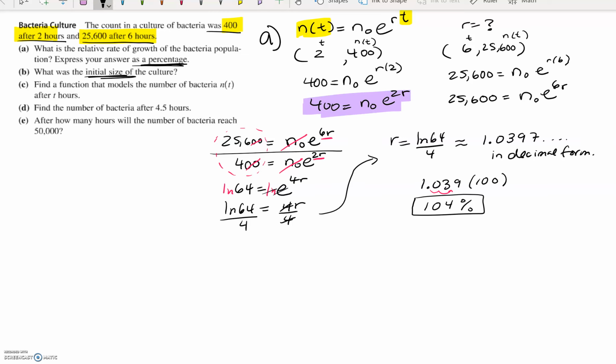So for part B, I have 400 equals N naught e to the 2R, but we found our R value to be 1.0397, let's say. So I have to divide both sides by that number, whatever that number is.